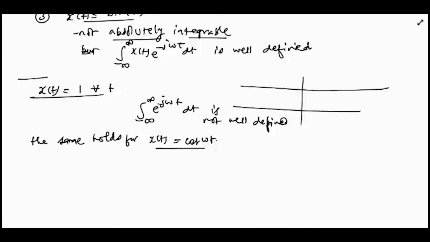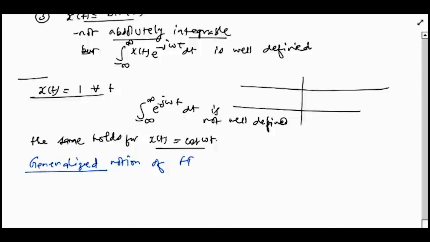So this is what we are going to see: a generalized notion of Fourier transform that doesn't necessarily require the Fourier transform integral to exist. Let us recall the signal x_T(t) just mentioned above.